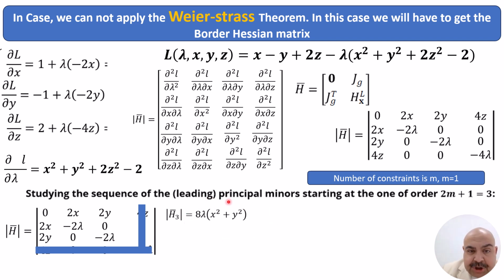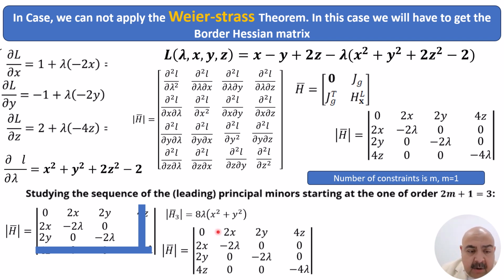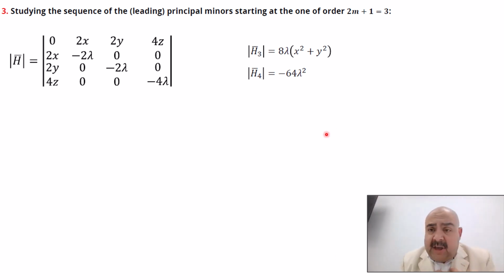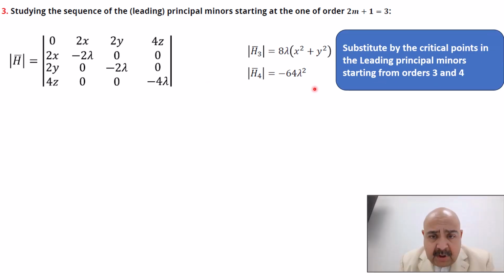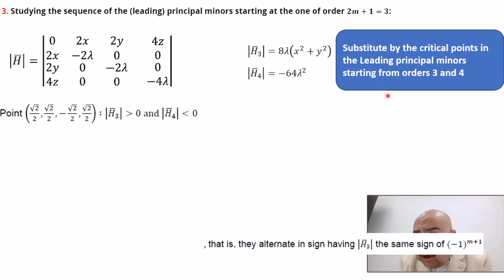Now I will use the stationary points and substitute in H3 to get its value. In a similar manner, I will need the leading principal minors for the whole bordered Hessian matrix, which comes up to negative 64 lambda square. If I use the stationary point values that we already have previously and substitute in the leading principal minors of the bordered Hessian matrix, the third and fourth, we will get the classification.